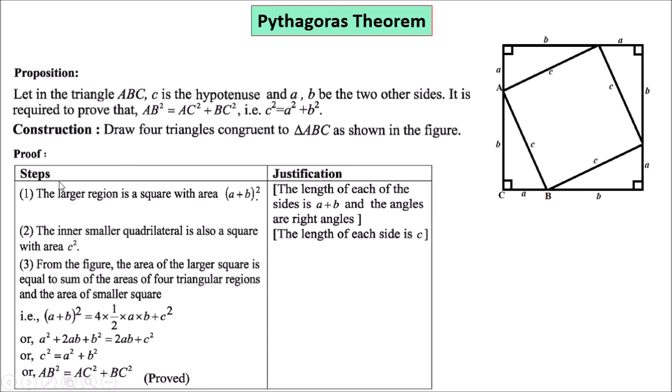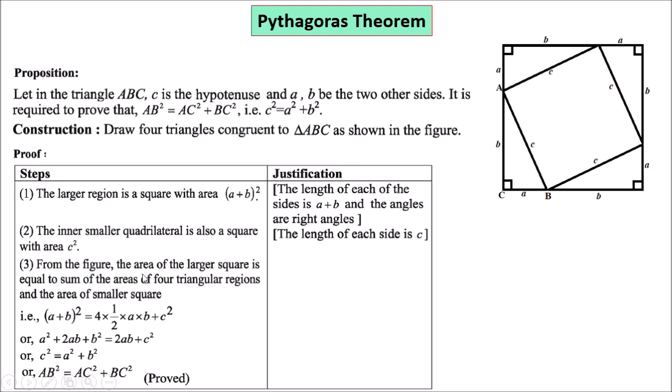Now the proof steps. First, the larger region is a square with area (a plus b) whole squared. The length of each side is a plus b and the angles are right angles. The inner small square is also a square with area c squared, and the length of each side is c.